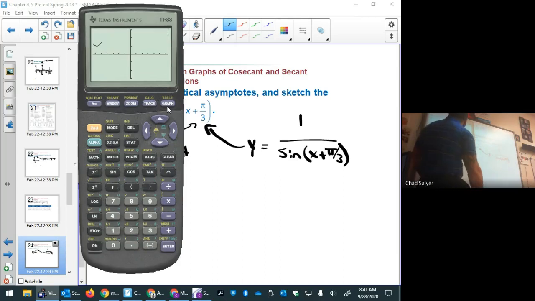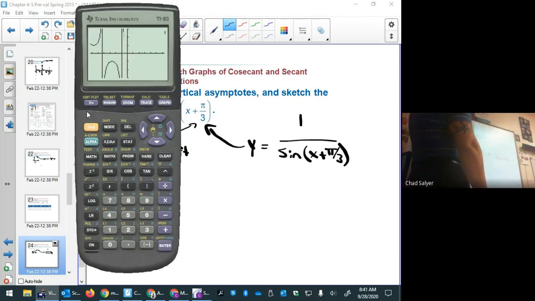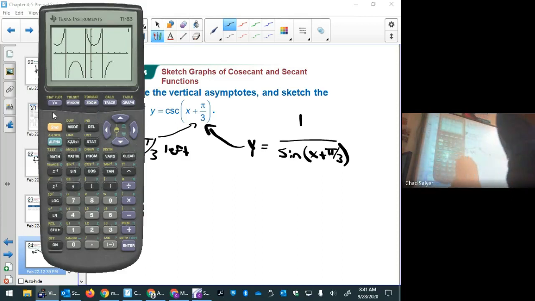And if we graph, so see how kind of asymmetric and weird that gets when you have a phase shift? It would be difficult for me to visualize that just based on that information. Okay.